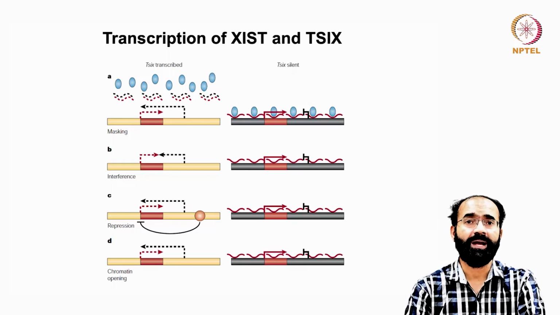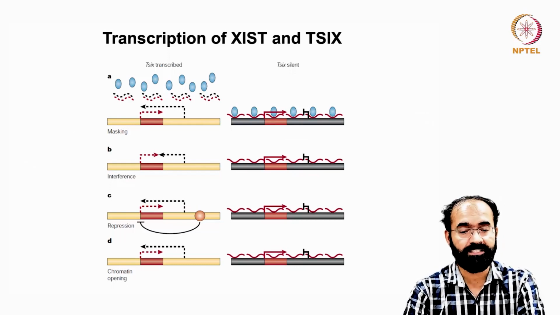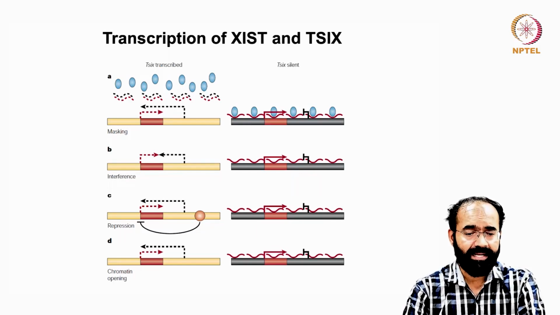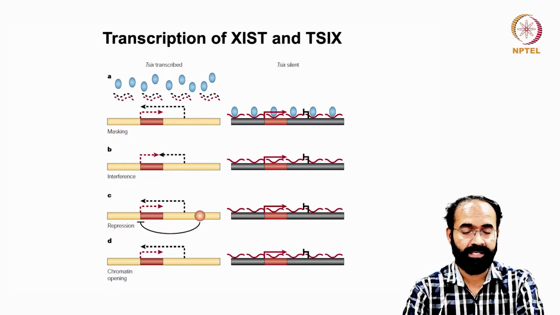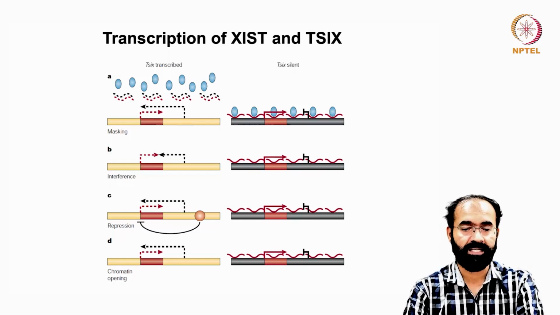What if this compaction doesn't happen? You are not allowing this unpacking at all. Then also the X-cyst chromosome cannot express. So let us see what the mechanisms are. Masking can be done by T6, interference can be done by T6, repression can be done by T6, and chromatin opening can be inhibited by T6. So 4 different mechanisms are possible that can interfere with X-cyst expression, and vice versa.